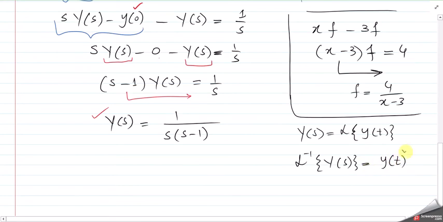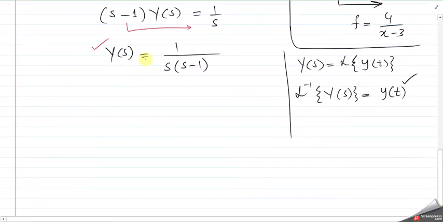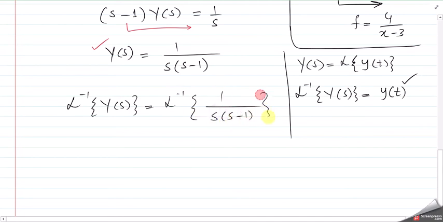That is how we find y of t. And this side becomes y of t because inverse of Y of s is small y of t. And that's what we want.